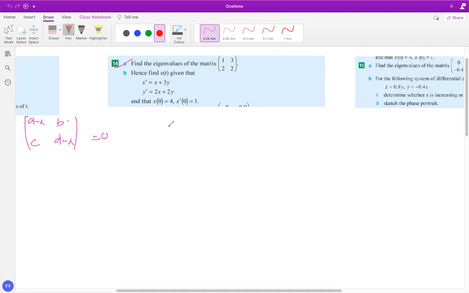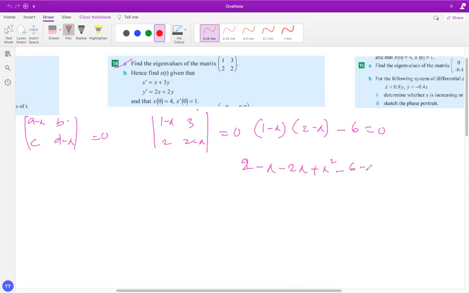Now, for my given matrix 1, 3, 2, 2, I'm just going to do 1 minus lambda, 3, 2, 2 minus lambda. The determinant is 0. I get (1 minus lambda)(2 minus lambda) minus 6 equals 0. Open up the bracket: 2 minus lambda minus 2 lambda plus lambda square minus 6 equals 0.